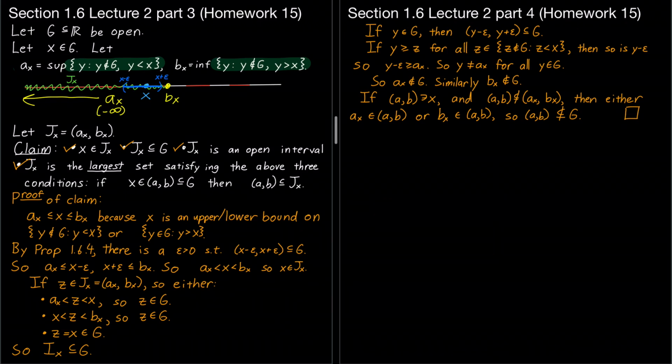Now we need another claim, and the other claim is, let x and y be two points in G. And we claim that either J_x and J_y are the same interval, or their intersection is empty.